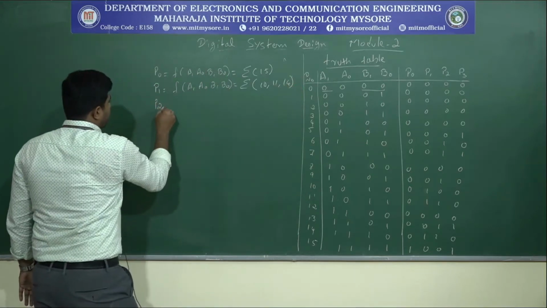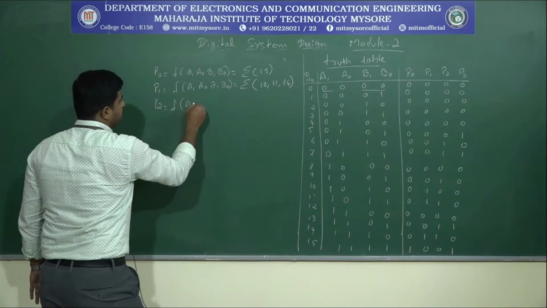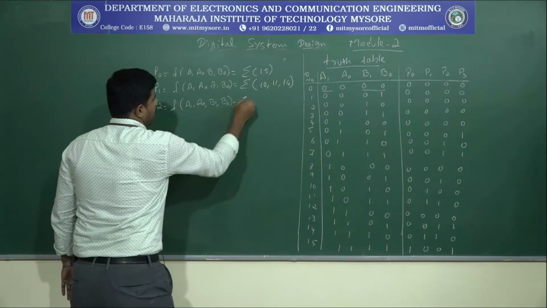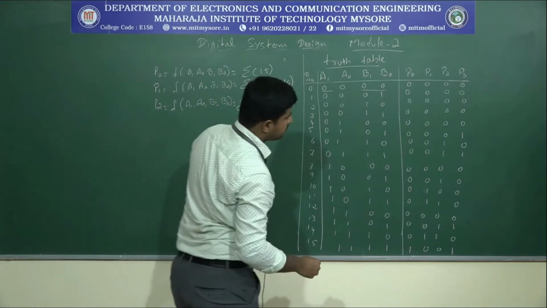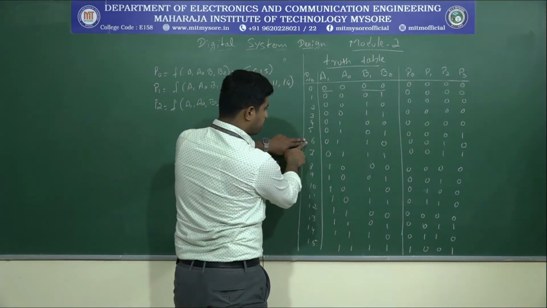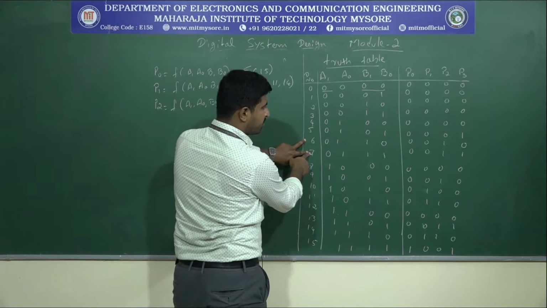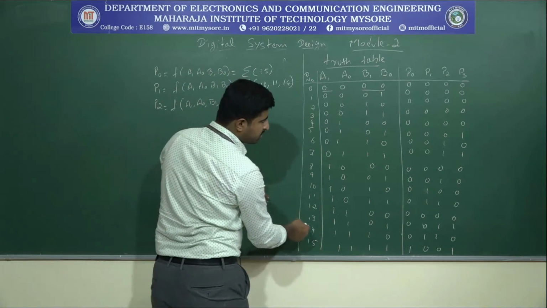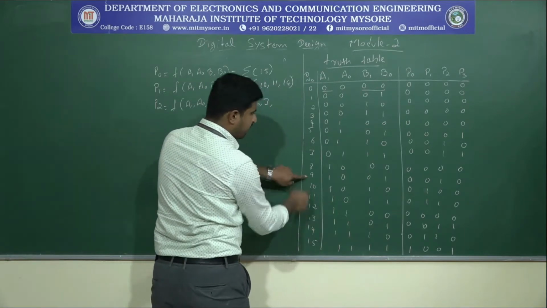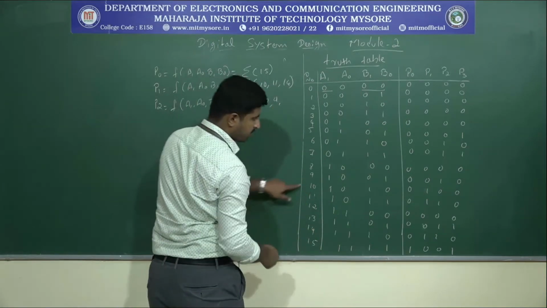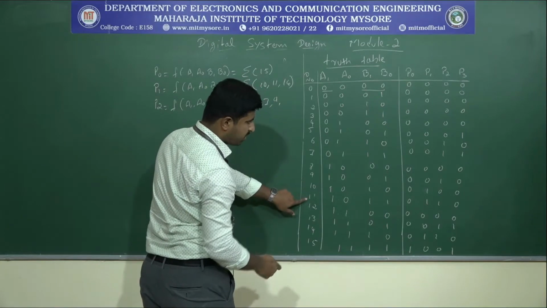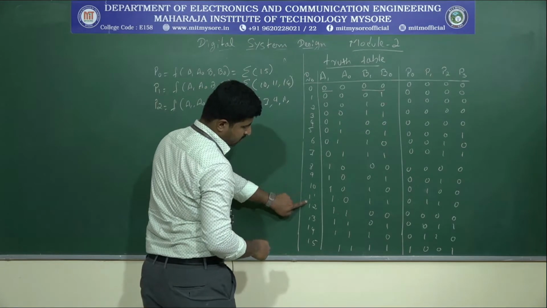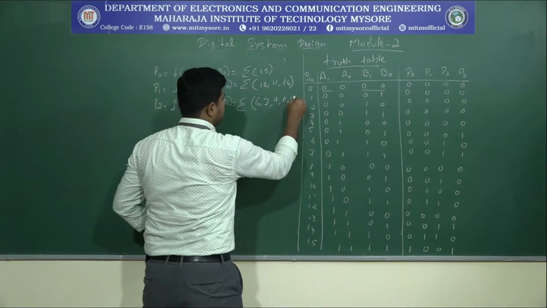Similarly, P2 equals f of 6, 7, 9, 11, 13, 14.